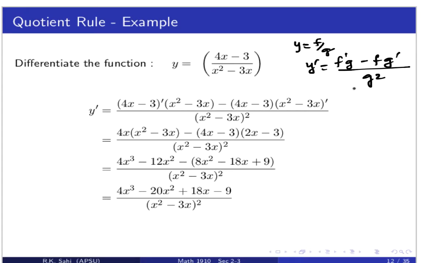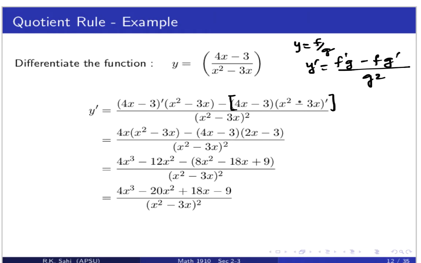Y prime is what? You have g squared, that means (x squared minus 3x) the whole square. You're going to take the derivative of the numerator, 4x minus 3, times the expression in the denominator, which is x squared minus 3x, then the big term minus. Keep this one expression, which is f, 4x minus 3, times the derivative of x squared minus 3x.